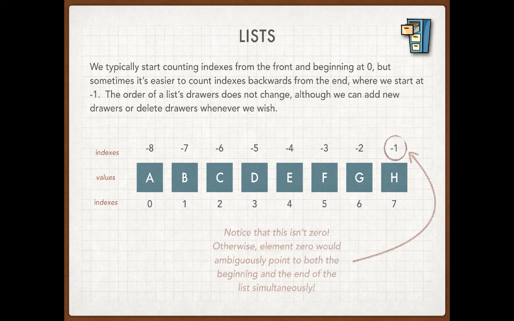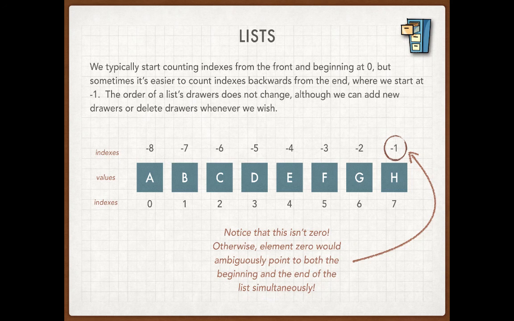Now, this is an important thing to recognize. Notice that that one isn't 0. And if it were 0, we would have a problem, wouldn't we? Because if that were the case, 0 could refer both potentially to the A drawer or the H drawer.